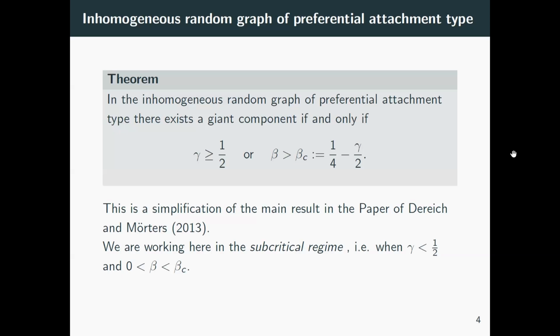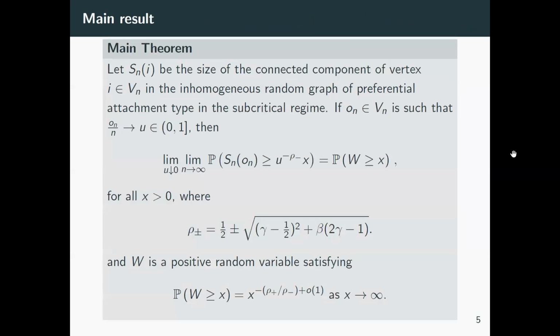Good. Now we know the model, now we work in the subcritical regime, and now I can show you my main result, which we were able to prove after quite a long time. We will go through it slowly. A little bit of notation: with Sn of I we denote the size of the connected component of a vertex in our graph.